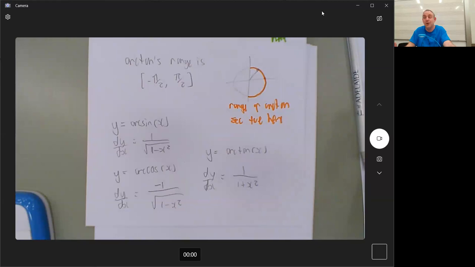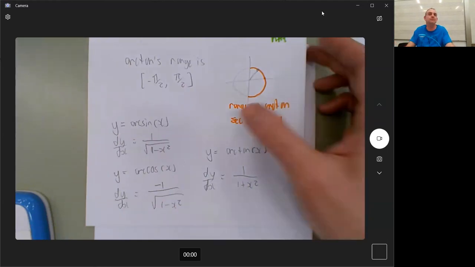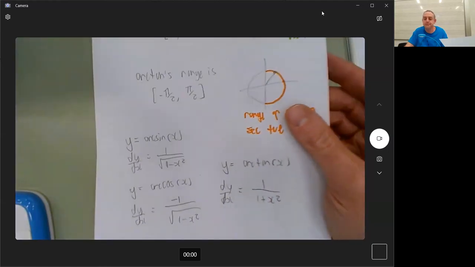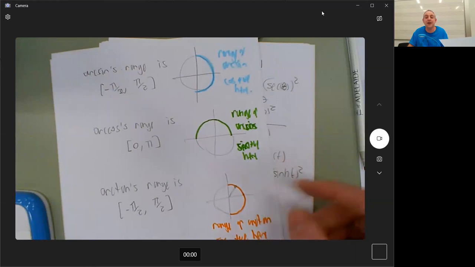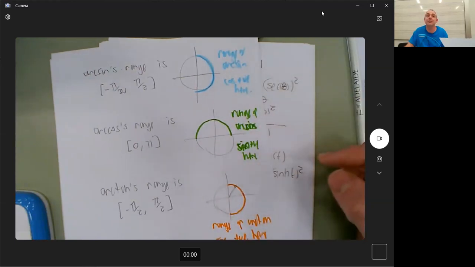Because officially, if you're going to go cos of u equals x, that's the same as saying u is arc cos of x. And so you're technically doing an inverse trig substitution technically. Yeah. This is one of my favorite facts in calculus.